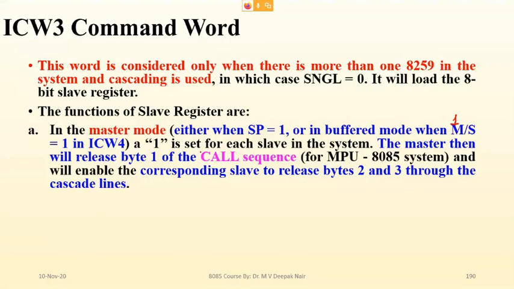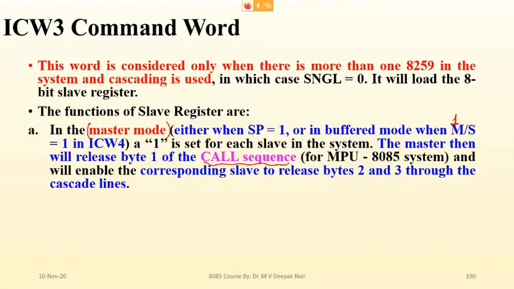Then a 1 is set for each slave. If the 8259 is working as a master, then the master releases 1 byte of the call sequence. Because remember, when we have to generate an interrupt, first we have to generate a call, then we will have to pass the next 2 bytes of the ISS, that means the interrupt service subroutine's address.